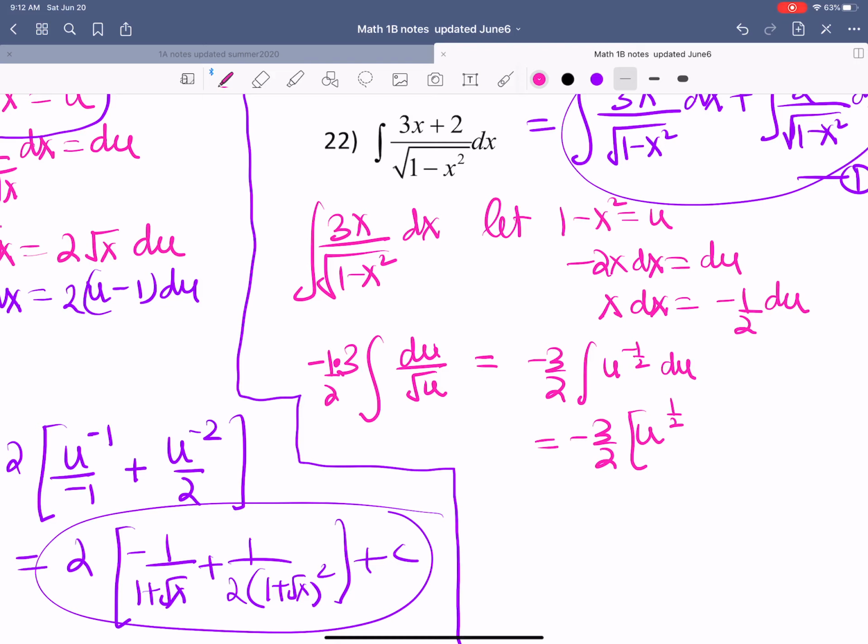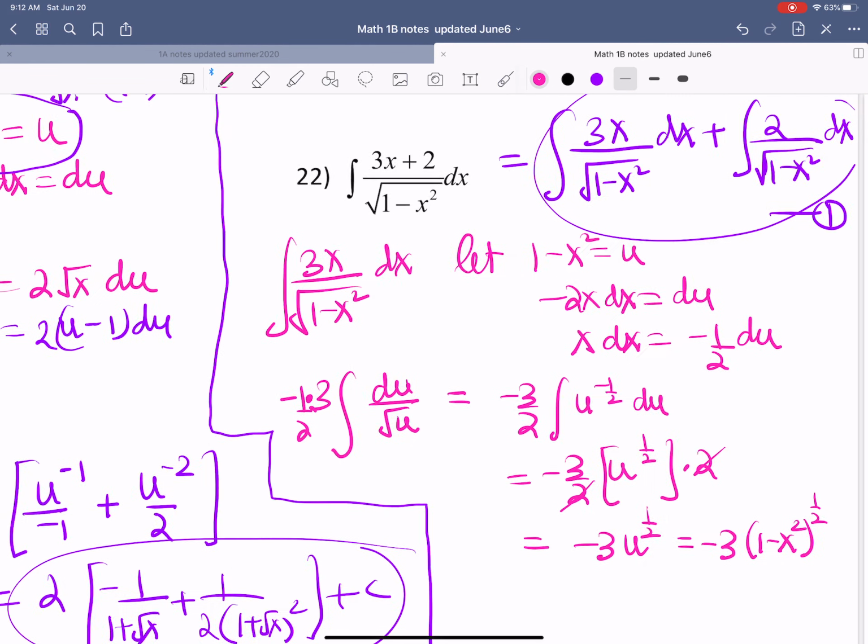And I'm also going to divide by positive 1/2, which is the same thing as multiplying by a 2. The 2 and 2 can cancel, so I'm left with negative 3 u to the power 1/2. Now let's put back whatever u was in the beginning, 1 minus x squared to the power 1/2.